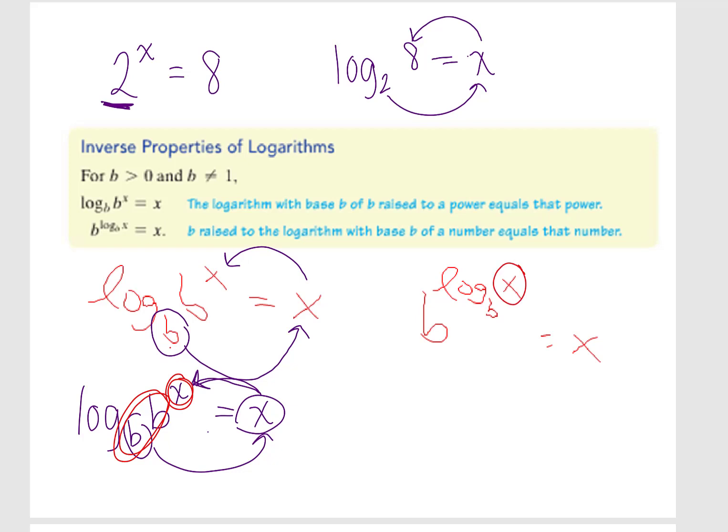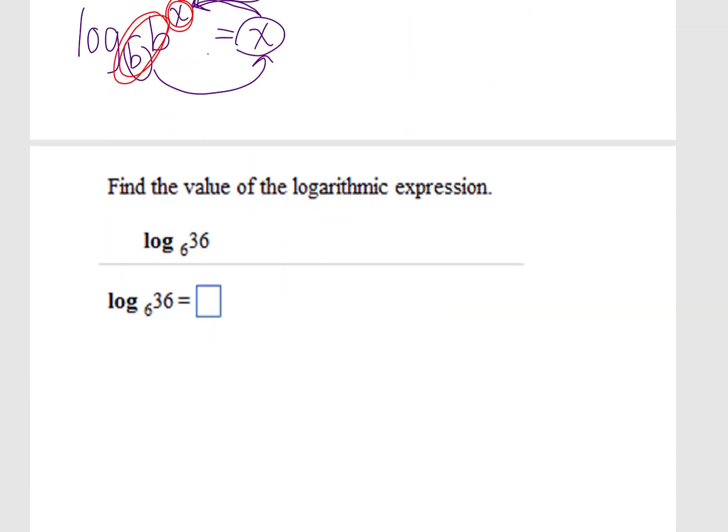So again, if my bases match, this base and this base, then they almost cancel out in a sense, right? And my answer will be this number. Okay, so let's go ahead and apply it, because looking at it just with b of x and b raised to the x power is a little funky.